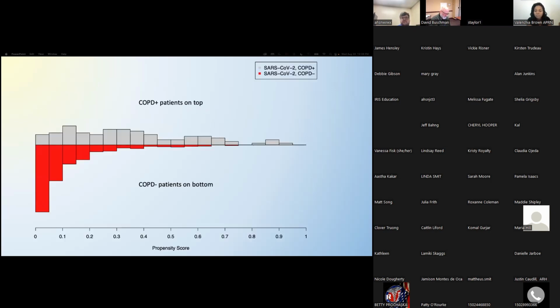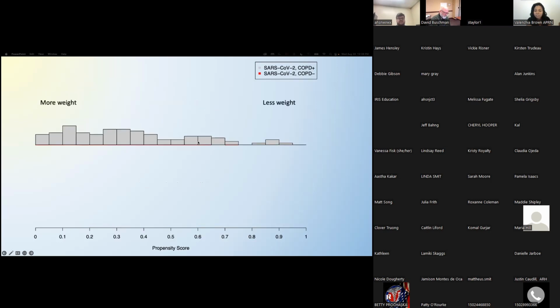So just to kind of visually show what I mean, if we return to our propensity scores that we had, if we look at those who were COPD positive, we're going to give more weight to the folks with less propensity score and less weight to the folks with higher propensity score. So these patients down here with lower predicted probabilities, they're going to be more impactful in the model that we do.